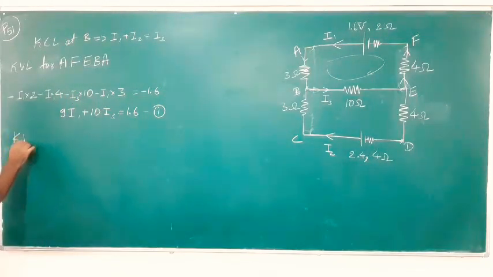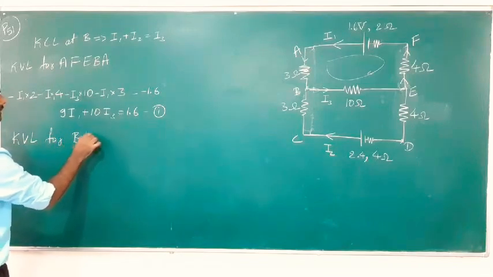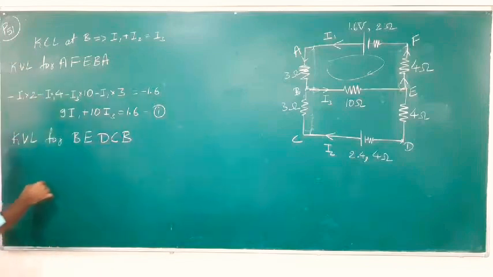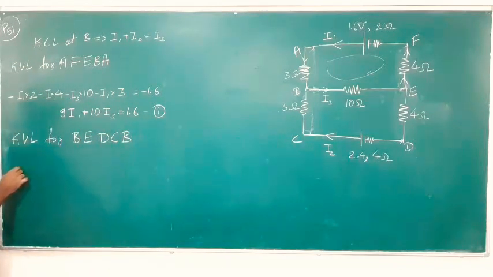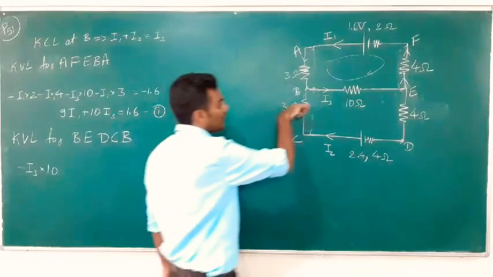Next, again I'll apply KVL for the loop B, E, D, C, B. Now from B to E, I have a resistor, current I3, and the direction of traversal is same as direction of current, so it is plus I3 into 10. Okay, like this.